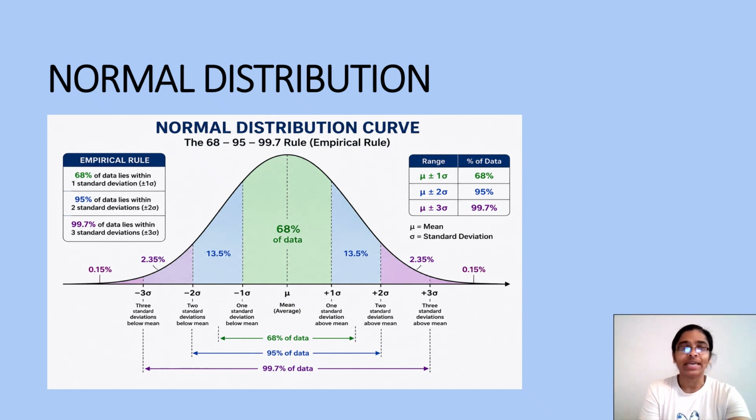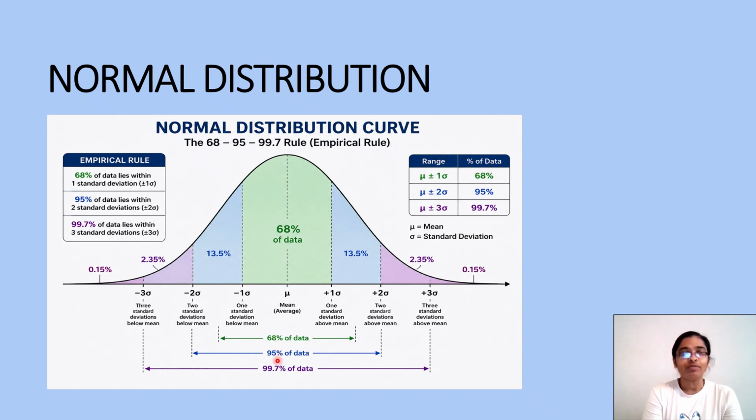Now let's look at the normal distribution. This is where standard deviation becomes powerful. This is the normal distribution curve. In the normal distribution curve, 68% of the data lies within one standard deviation from the mean. So mu plus or minus one standard deviation is 68%.